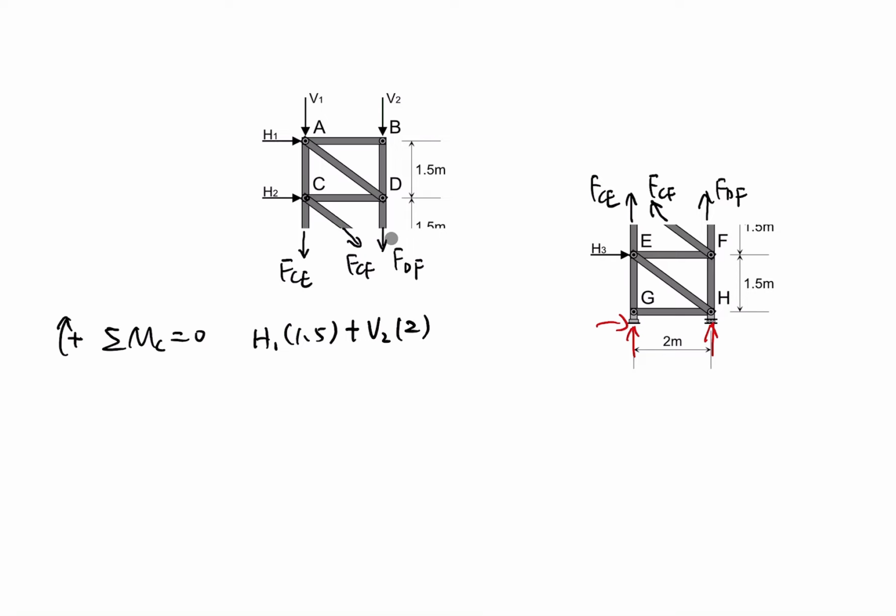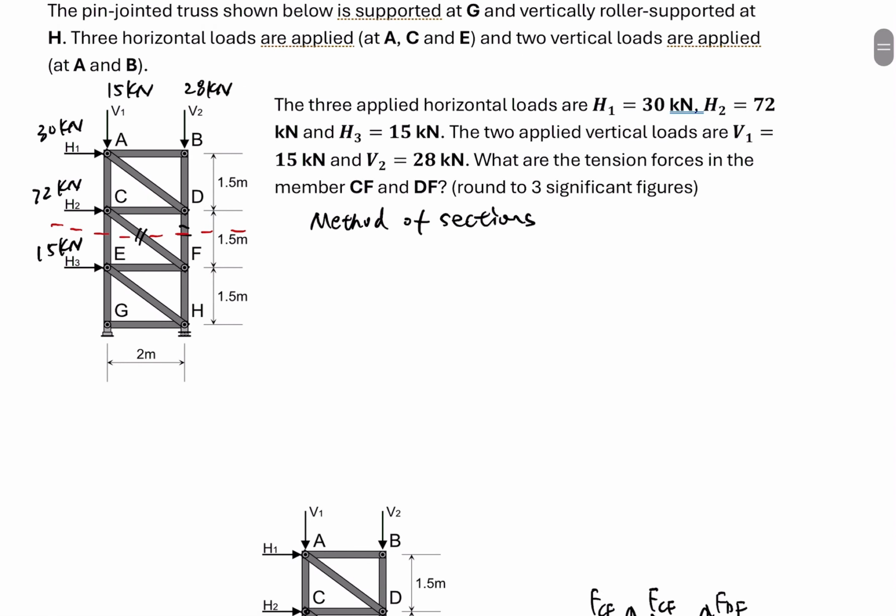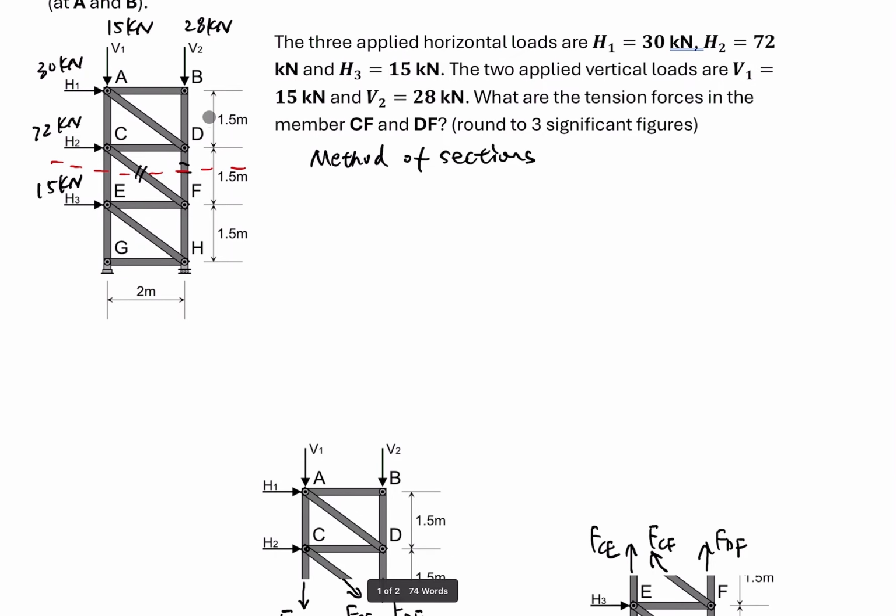And the last one is FDF, which also goes clockwise, and its lever arm is 2 meters as well. Equal to 0. We know H1 is 30 kilonewton and V2 is 28 kilonewton, so we will apply these two values.